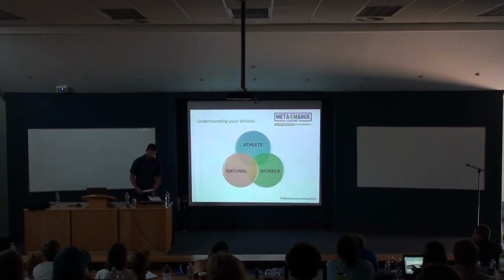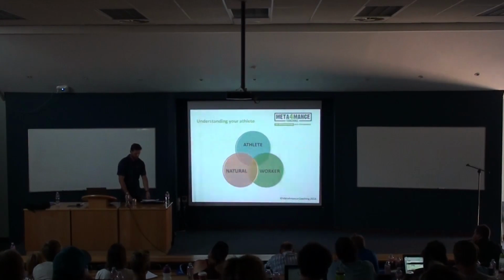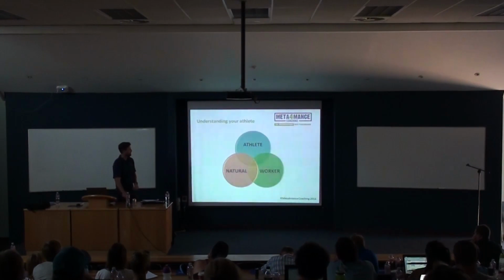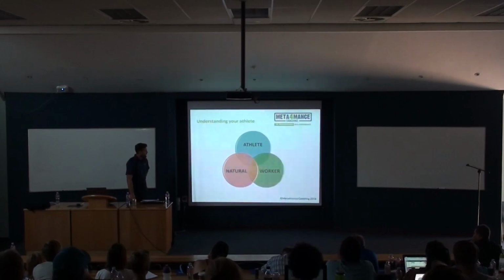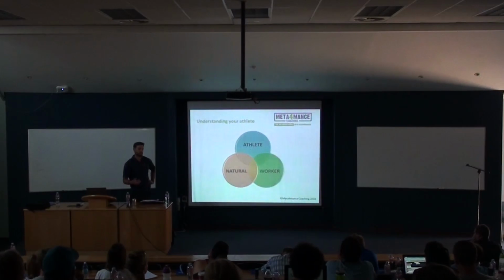I typically see that there are three types of swimmers. And again, this is not about stereotyping anybody, and it's not about limiting anybody. It's merely a tool for us to understand how to apply different programs for what kind of swimmers.